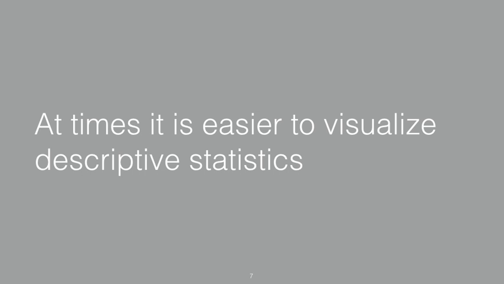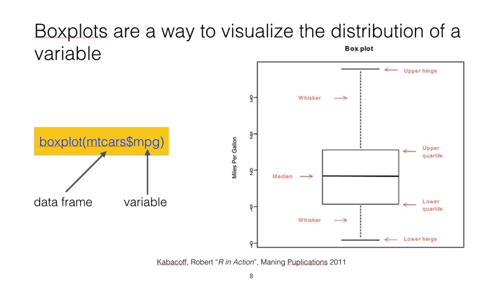So at times, it's easier to visualize descriptive statistics. And we've already seen that before. So now we want to visualize descriptive statistics, but we want to do it also by groups. One way of visualizing descriptive statistics is using the box plot. Box plots are very, very common.